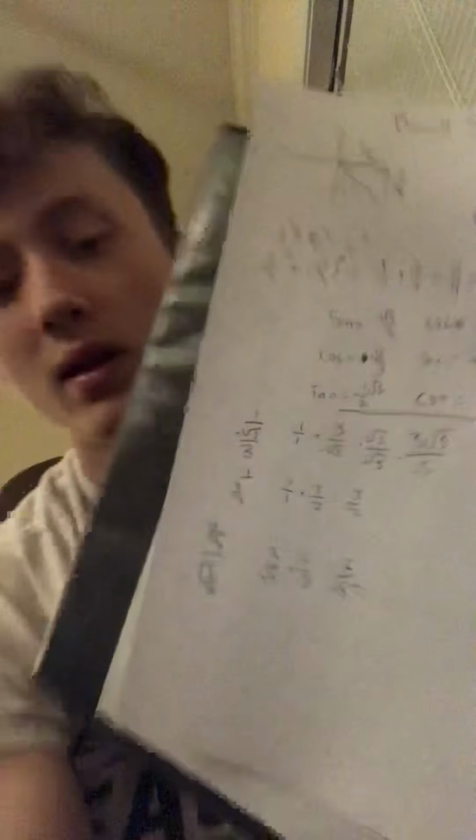That makes 6 over negative square root of 5 times 3. I'm gonna get rid of the radical sign in this problem. Make that times radical 5 over radical 5, which is radical 5 over negative 3, because it's still negative.